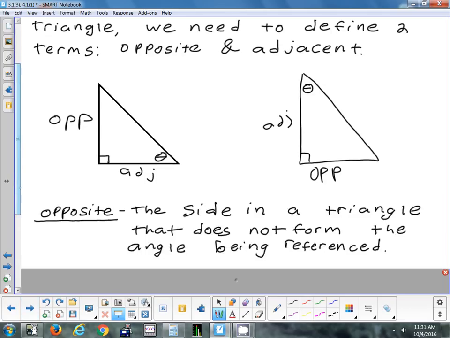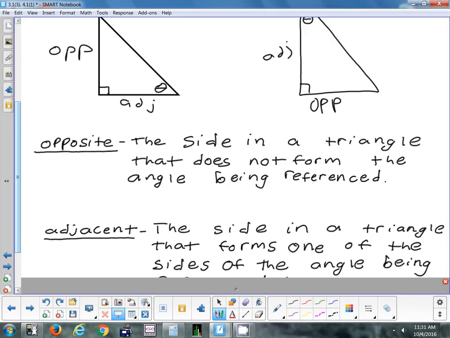Another way you can describe it is if you took away the opposite side, it would not affect that angle at all. Whatever angle is your reference point, you could take away the opposite side, and that angle would still be there. It's not part of the angle being referenced.